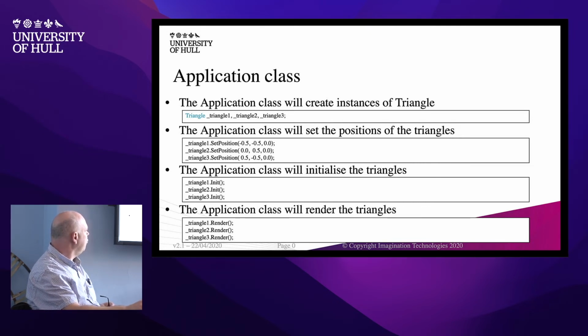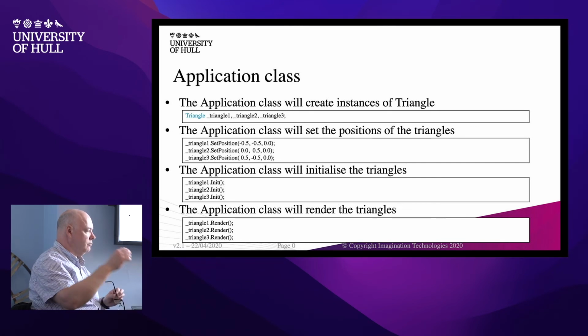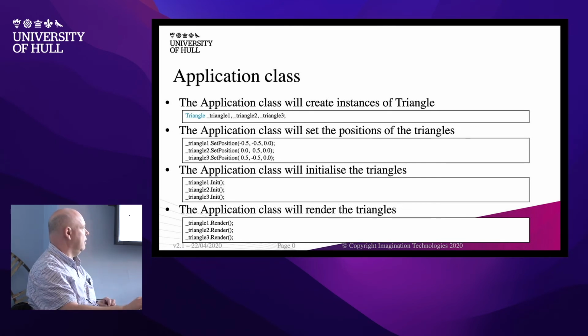Now at the appropriate place, I'm going to set the position of each of my 3 triangles. One to the bottom left, one in the middle towards the top, and one on the bottom right. Now, in OpenGL, you've got your X coordinates going across, positive going to the right.